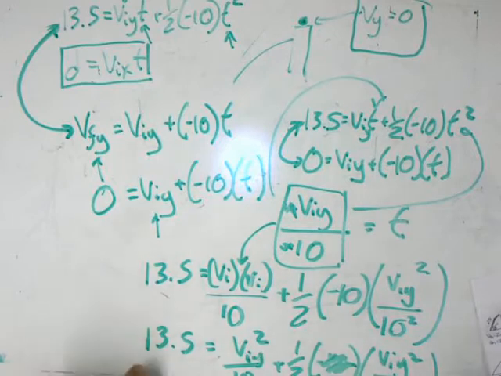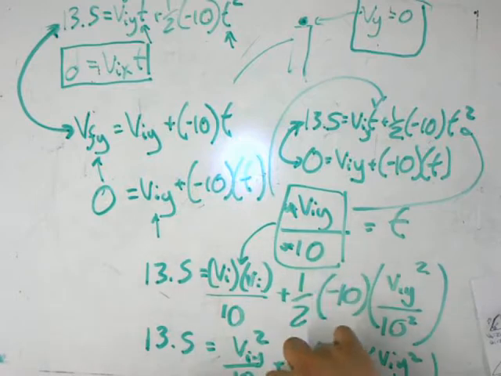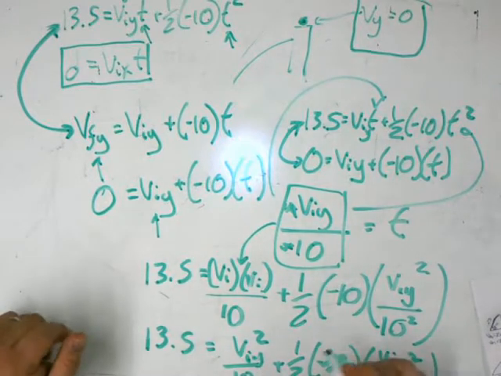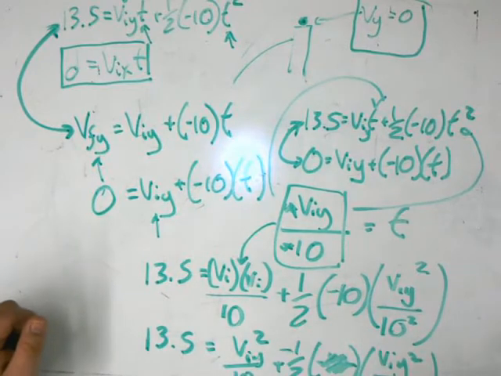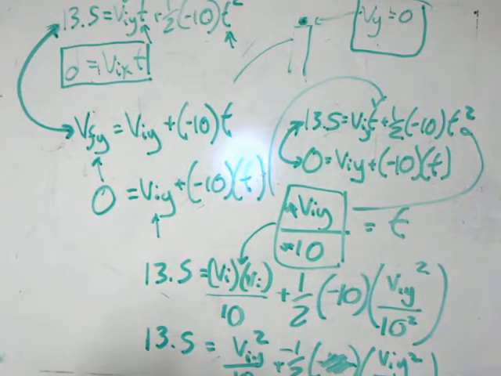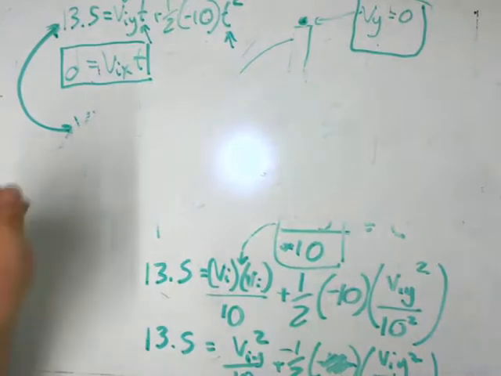Okay? So the very last thing, let me clear off some space at the top, and re-express that. 13.5 is equal to V initial Y squared divided by 10 minus 1/2, because I forgot that negative sign, V initial Y squared divided by 10.